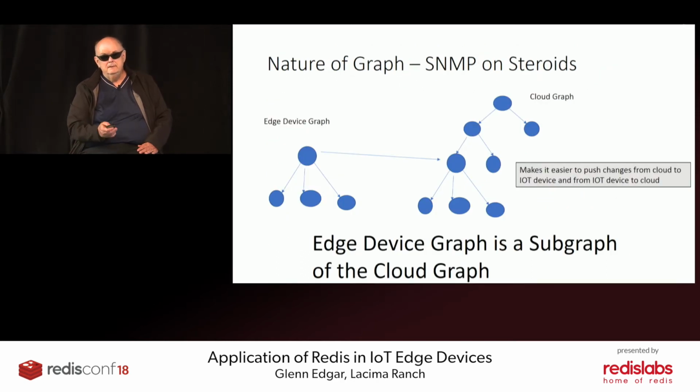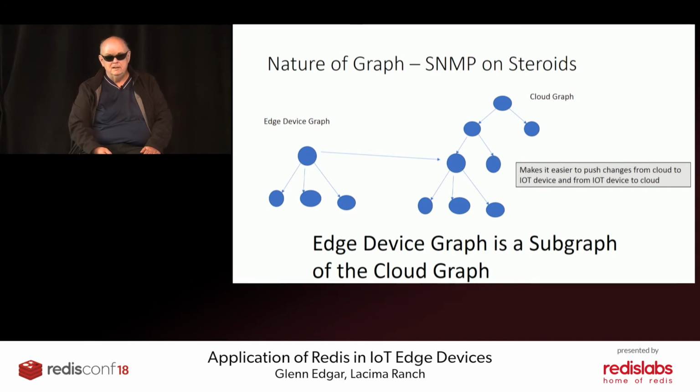And then the graph database is essentially SNMP on steroids. The only difference is that with SNMP, you have to have funky tools and you cannot search it that well, whereas with a graph database, you can search it. And if you look at the cloud database, and you have a lot of systems, the edge device is a subset of the master device, a subset of the total system graph.